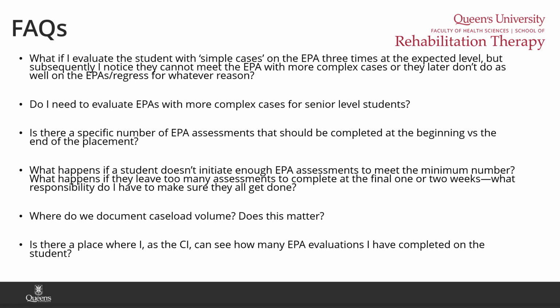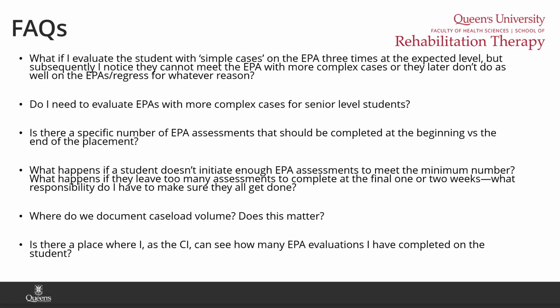But what I would say is that we still have an expectation that as students move through clinical placements, when they're more junior, they would have less responsibility in terms of the amount of patients they would be interacting with. And as they become more senior level students, you would give them more and more autonomy. That's not really captured in any of the EPAs, and there's no firm percent that you need to give them, but you will be evaluating EPAs of students in senior placements who you have allocated more caseload volume to.